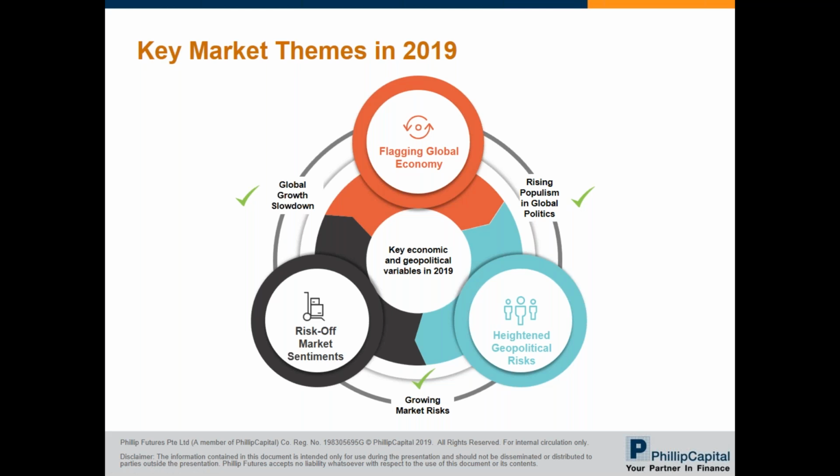Central banks, even the European Commission and IMF, have all noted that the flagging 10-year bull run is likely to slow. And of course, they have been implementing active policies. The second point is we note, in the last few years, rising populism in global politics. This has raised geopolitical risks and caused a lot of disruption in the financial markets in lieu of the uncertainties.